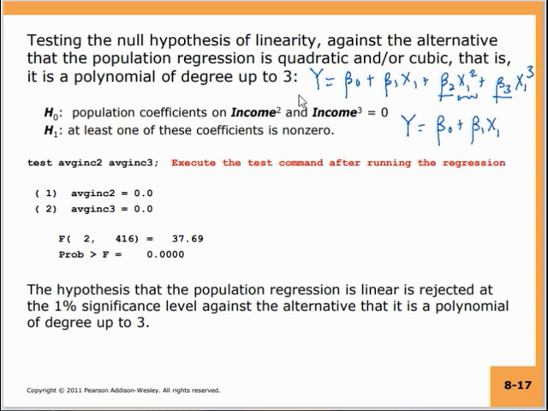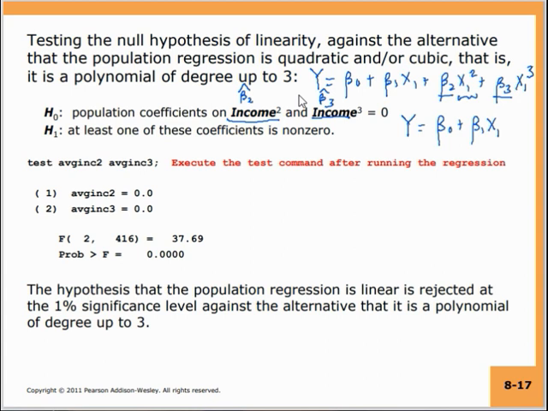Your null hypothesis is that the population coefficients on income square, which over here is beta 2 hat, and income cube, which over here is beta 3 hat, are both equal to 0. Now if any of these is not equal to 0, then you can reject your null hypothesis that both of them are equal to 0.